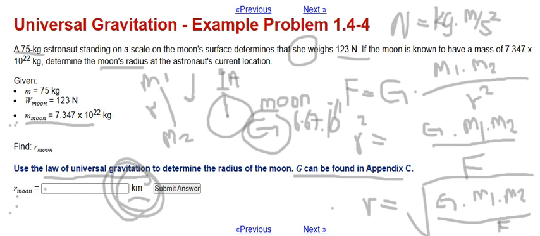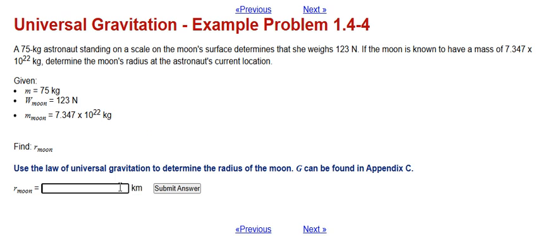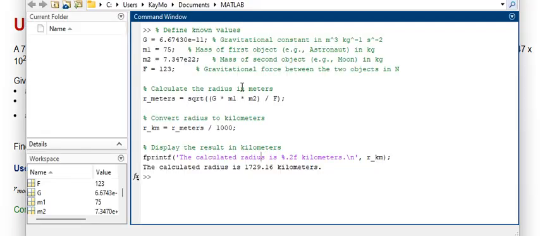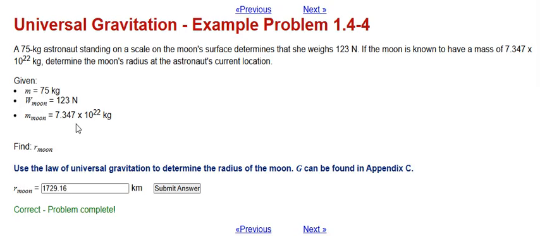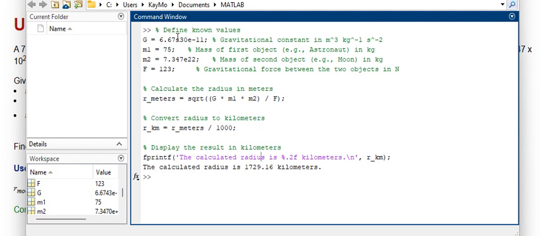Let me clear this and clean up my mess. And yes, copy and paste it right in there. So you should get 1729.16, and you get this problem. It's very easy. Every time you get this kind of problem where you want R, the radius, you may have to change some of this according to how the problem is defined.